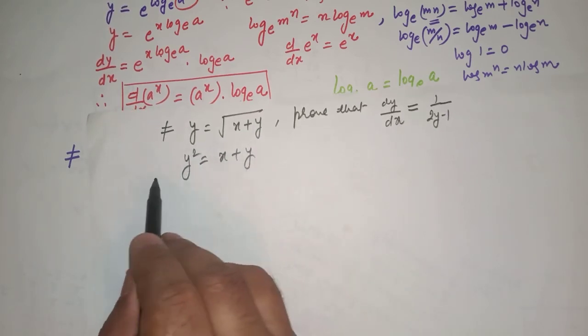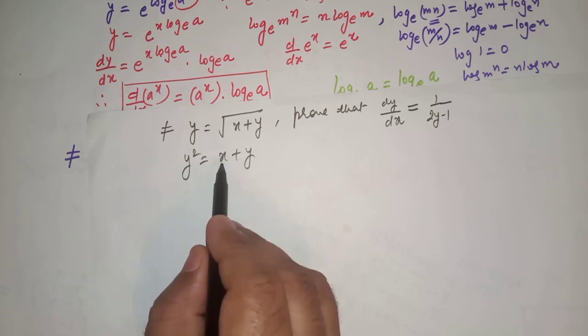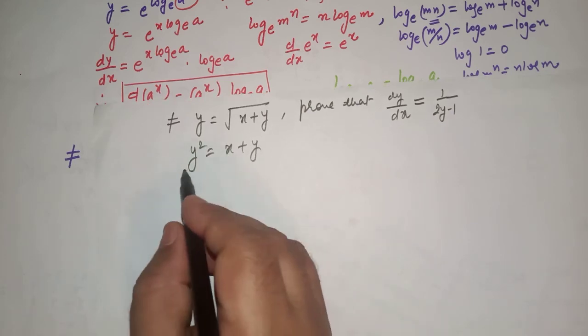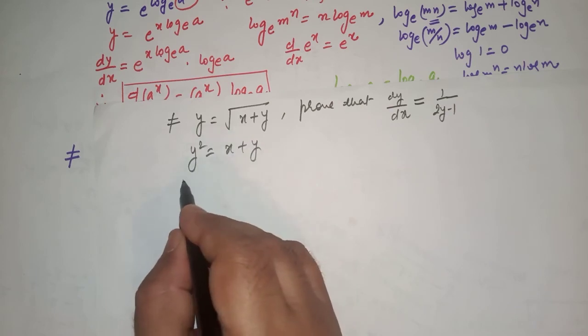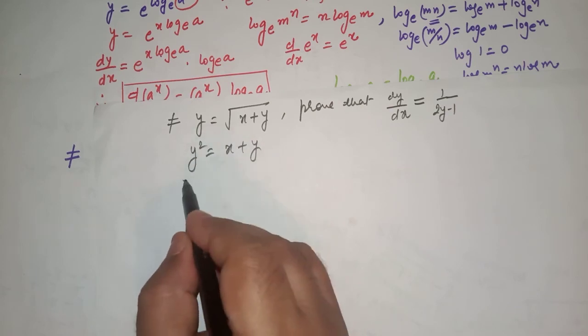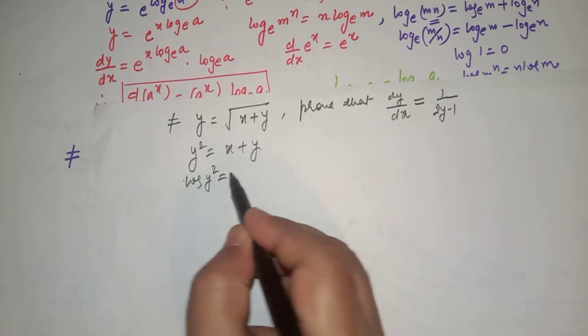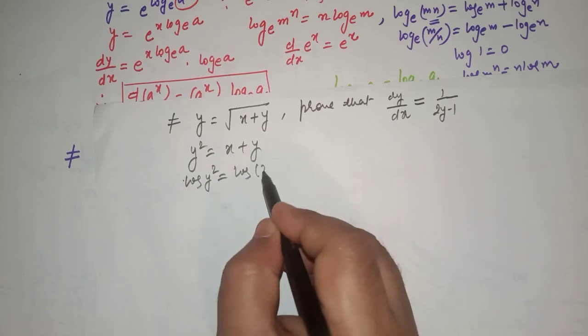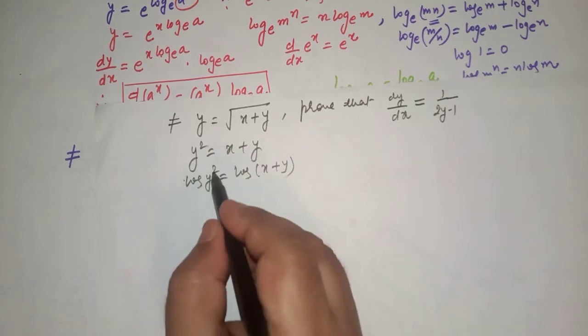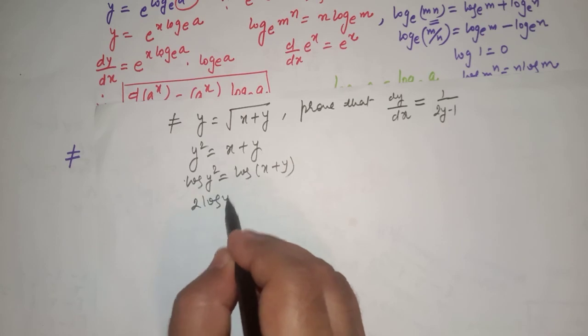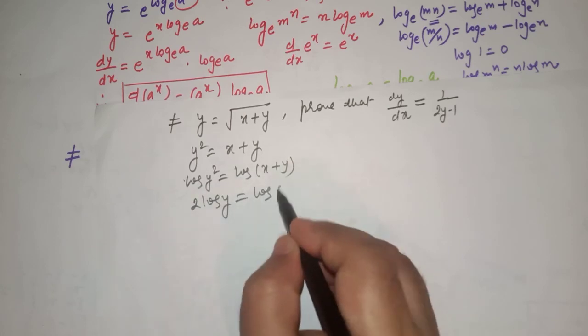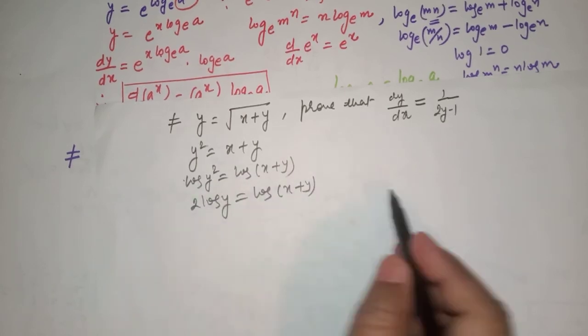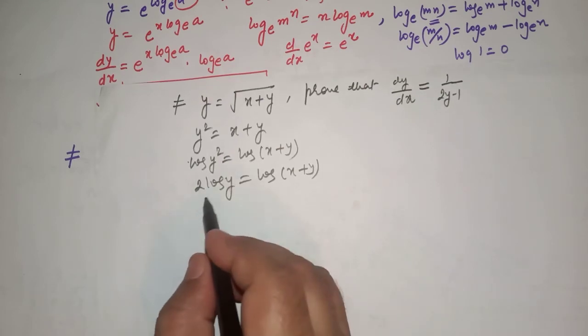Now we can take the log of both sides, and then we'll have log of y square and log of x plus y. Clear? So this expression becomes 2 log y and this is log of x plus y. Now we'll differentiate both sides with respect to x.